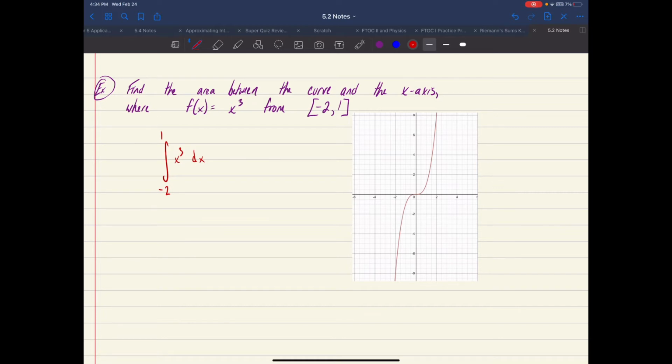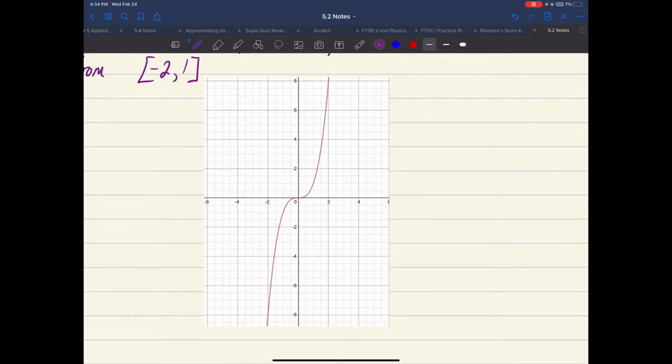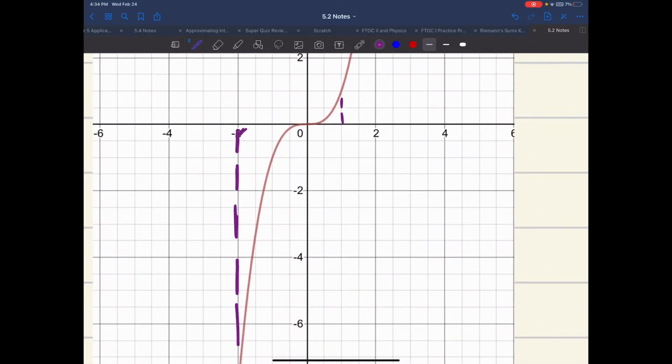Let's look at the graph first, and we can talk about what this means graphically. So we have the function x cubed, and we're evaluating from -2 to 1. What this is going to do is calculate these areas, and this area.